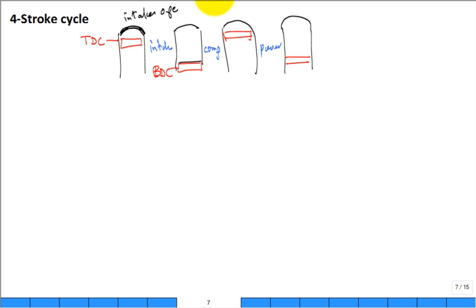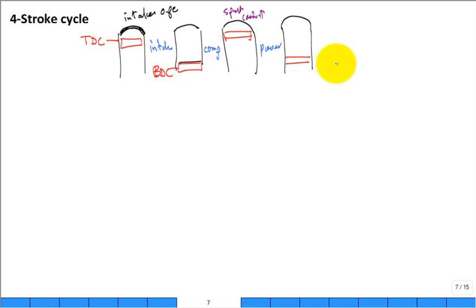Well, what happened right around here was you had a spark and you had combustion. So when it reached top dead, there was an explosion, very rapid combustion inside that cylinder, and it transformed the gases from the air-fuel mixture into combustion products at very high temperature, very high pressure. Now you have the power stroke.